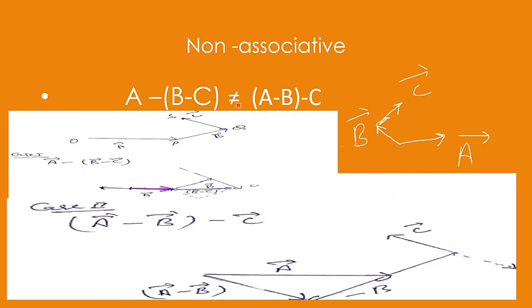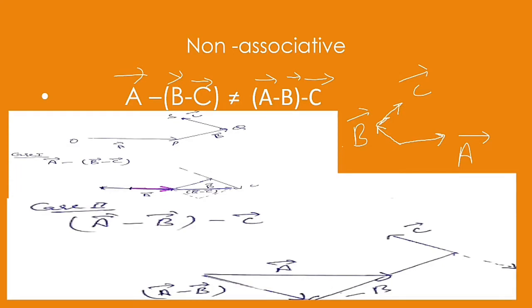Similarly, if you want to find the non-associative property, then again you have to see that a vector minus of b minus c is not equal to a minus b minus of c vector. That also, if you wish, you can prove. Here, if I am taking it like this, then b minus c, if I want to find, I have to change the direction.